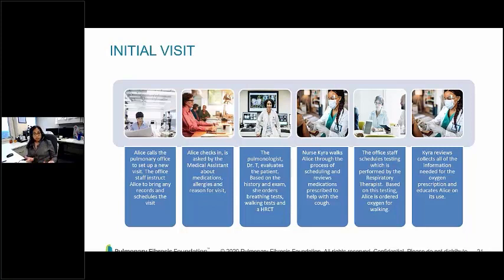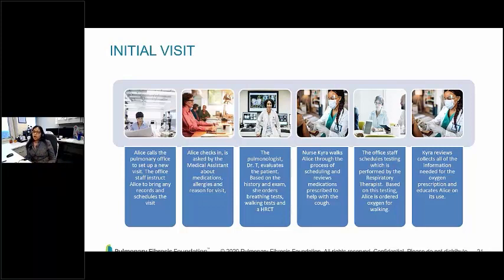The nurse that works in the clinic, Nurse Kyra, walks Alice through the process of scheduling and reviews any medications that have been prescribed that day to help with the cough that she's experiencing. Alice then goes to check out and is scheduled for testing. Some of that is fit in by that day. And in this practice, there's a respiratory therapist who helps perform the testing.